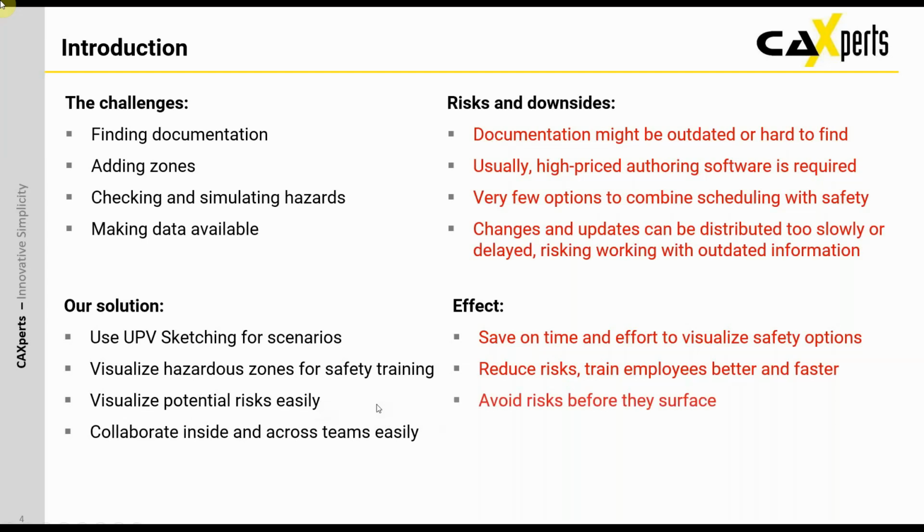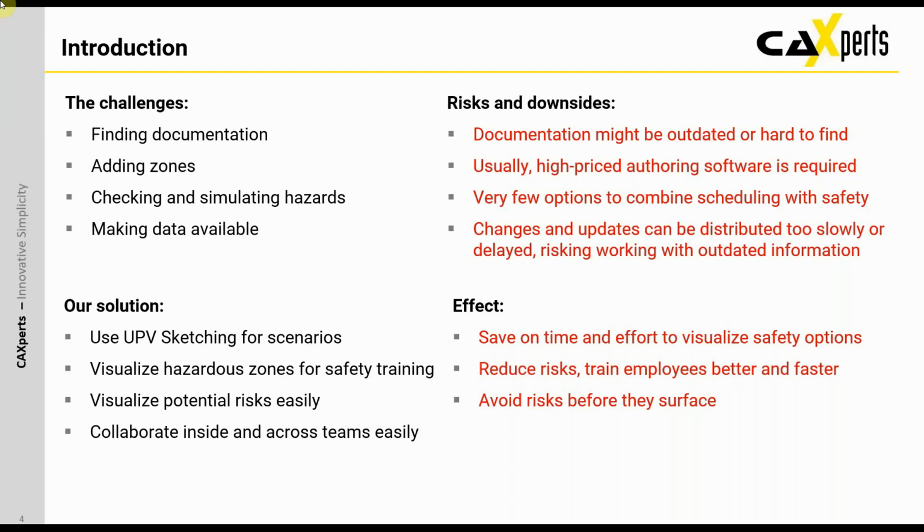Visualize potential risks easily. So avoid risks before they surface. This can be, let's say, a crane lifting heavy weights, needing some secured areas, or for example, I will show a use case for that, an actual example, where different works have been planned according to schedule, but just in the visualization, we can realize this wouldn't work this way for safety reasons.